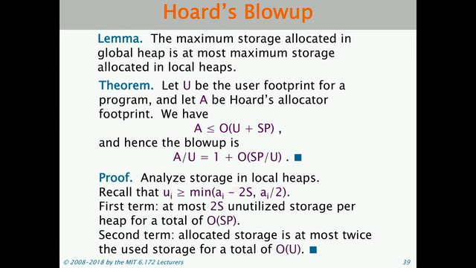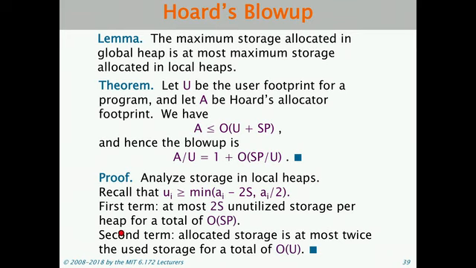So it's basically giving 2 superblocks for free to each heap, and they don't have to use it. They can basically use it as much as they want. And therefore, the total amount of storage contributed by the first term is going to be order SP, because each processor has up to 2s unutilized storage. So that's where the second term comes from here.